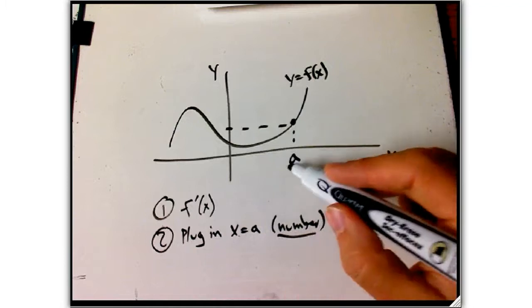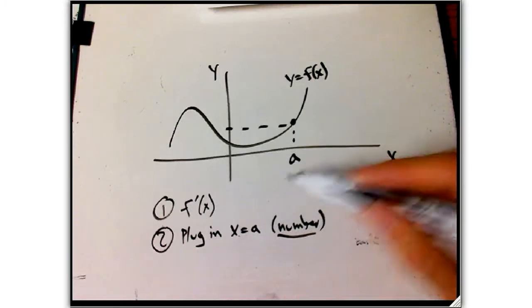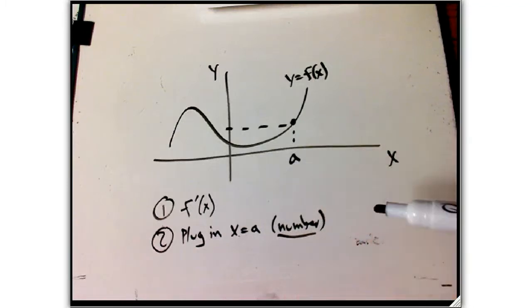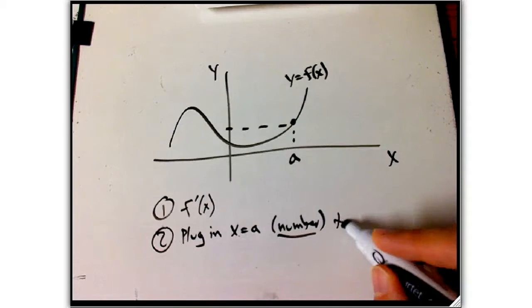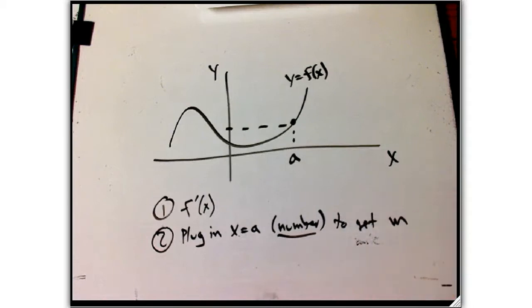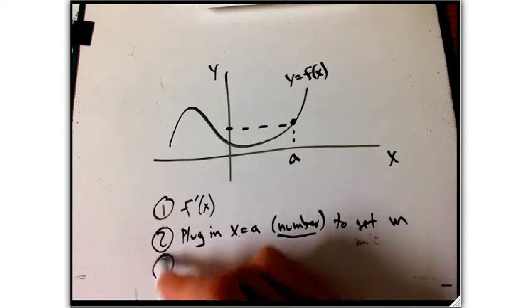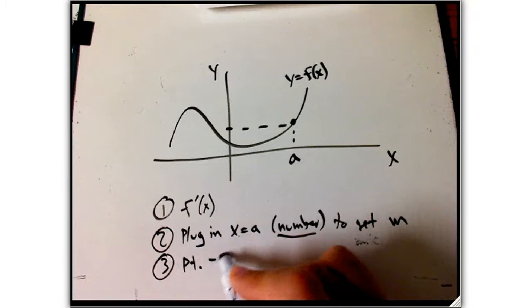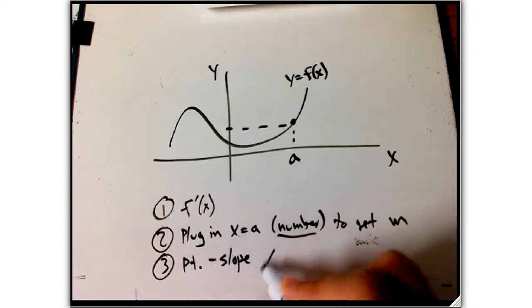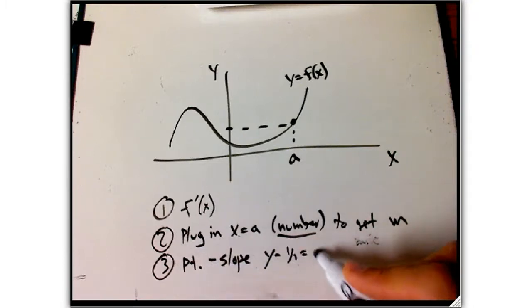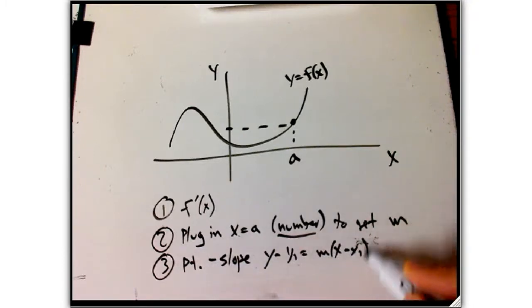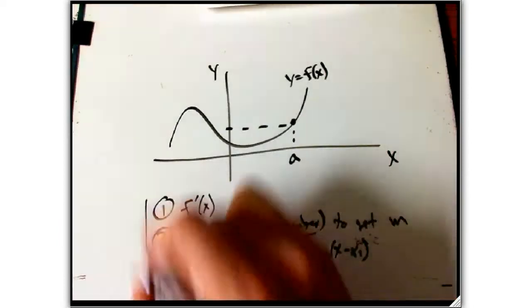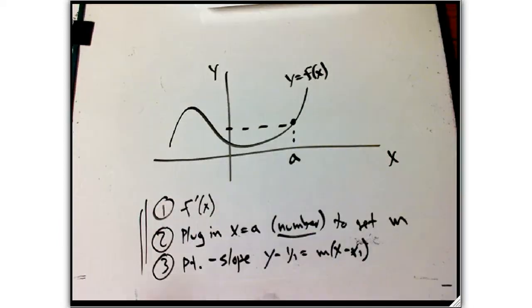Since a is from the beginning of the alphabet, the idea is that it's more likely to be a specific number, a constant, okay? To get the slope, call it m, and then do point slope, y minus y1 equals m times x minus x1. Okay, you can combine those into one fell swoop, and let's see what that does.